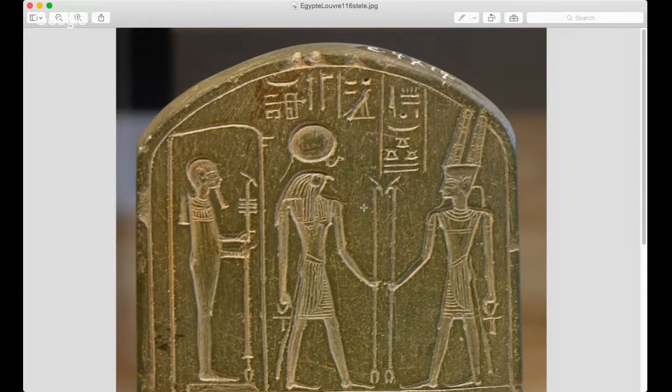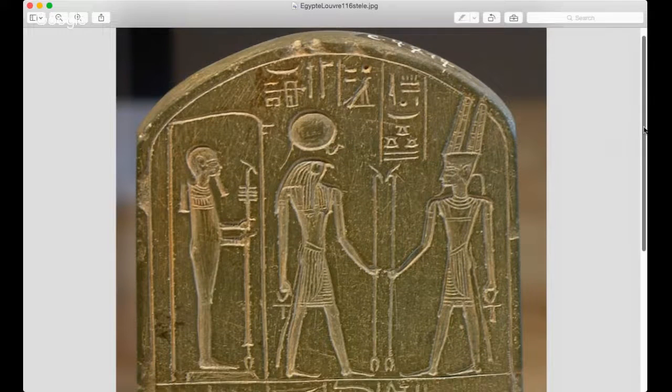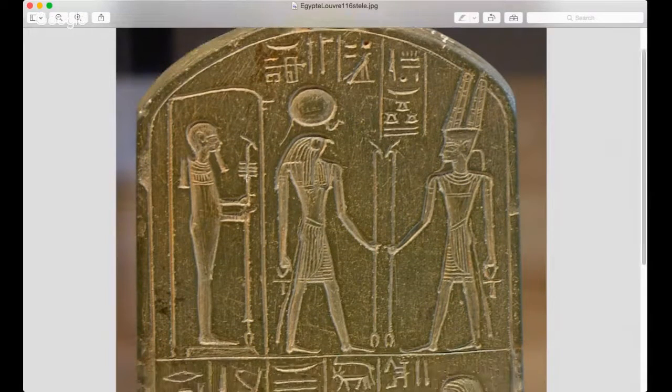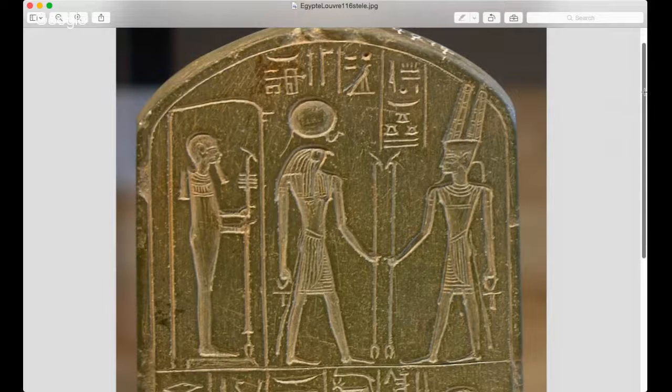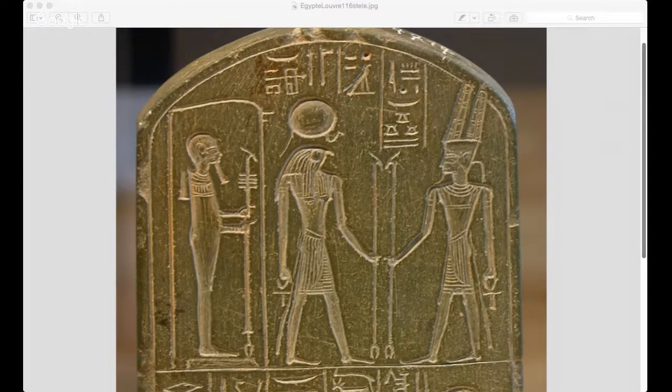And the figure on the left is holding a wasp scepter, but it also looks like he has the Djed column. We know that sign for stability. They're also holding the ankhs, usually on the other hand. Note that the figure on the right is holding the Ankh.